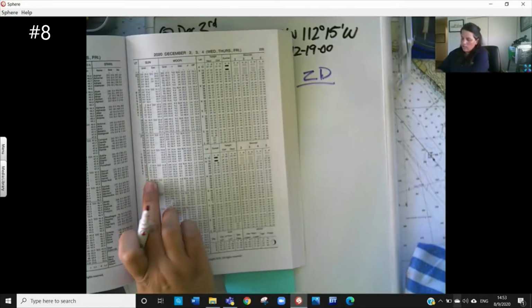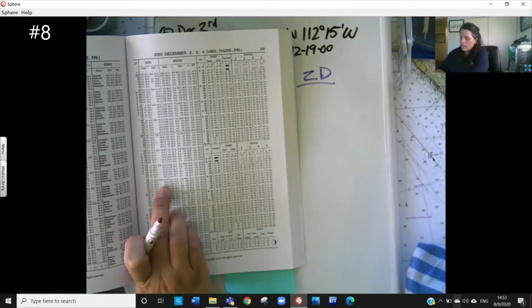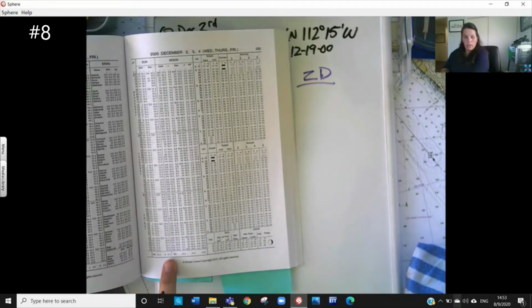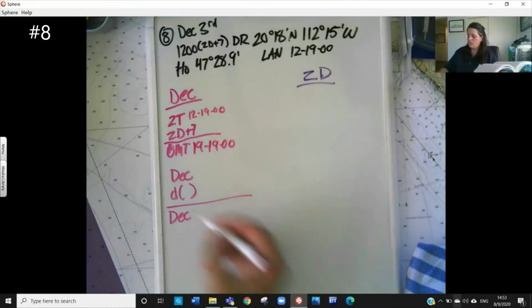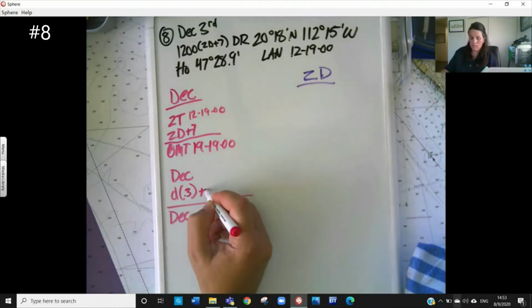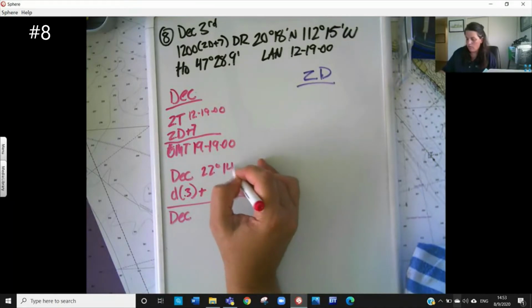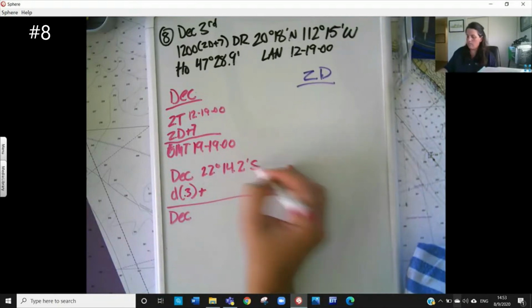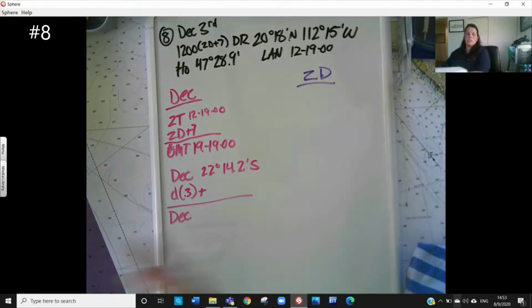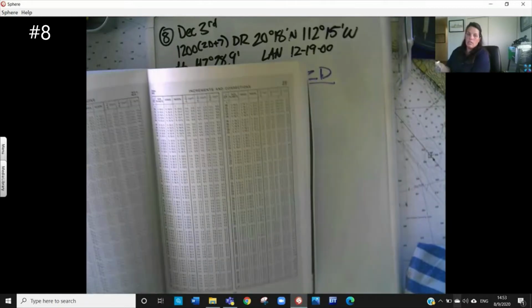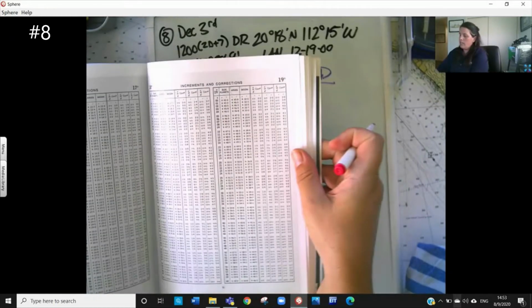1919. So at 1900, our declination is going to be south, 22 degrees, 14.2, and that's going to be increasing by 0.3. So our 0.3, we go to the 19 on our increments and corrections page.